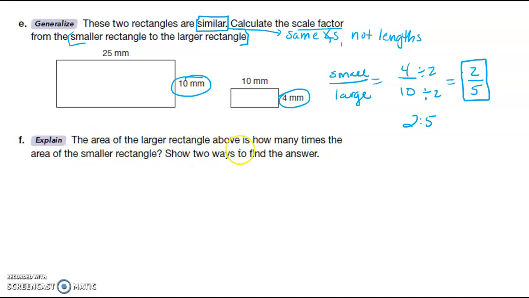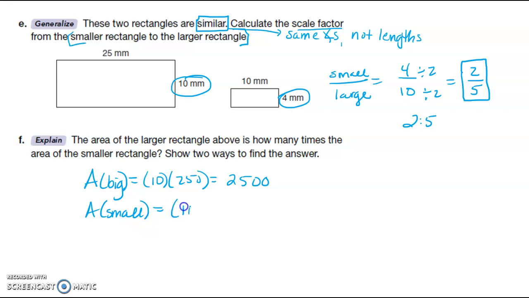The area of the larger rectangle above is how many times the area of the smaller rectangle? Show 2 ways to find the answer. So let's find the area of the big one, which is going to be 10 times 250, which is 2,500. And then the area of the small is 10 times 4, which is 40. I'm not sure where I was going with that one, but I'm going to erase it.